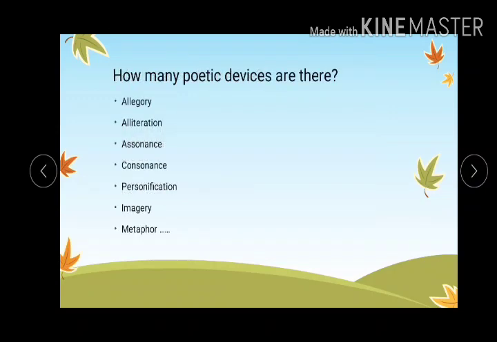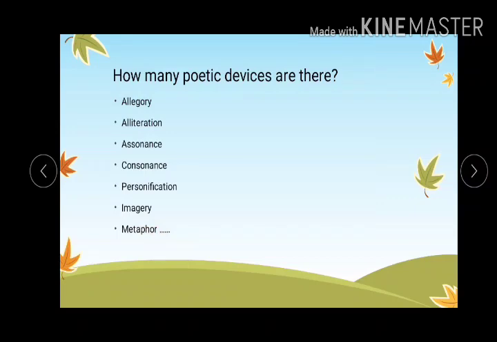So there are many poetic devices that are used in English, and here are some of the examples, but these are only some of the many poetic devices that exist. So which are they? Allegory, alliteration, assonance, consonance, personification, imagery, metaphor, rhyme, and the list continues.